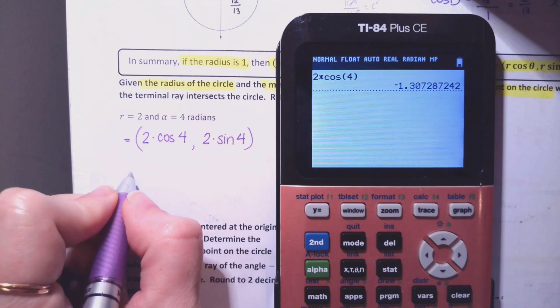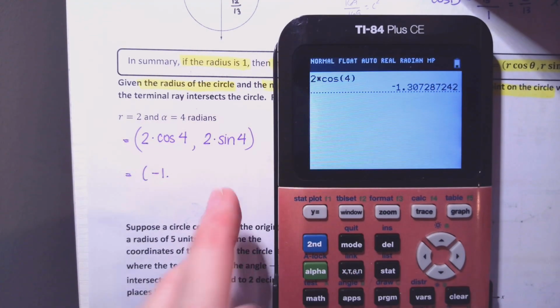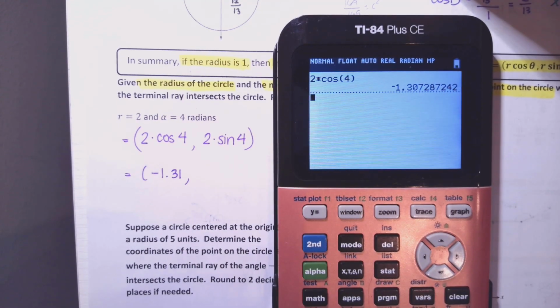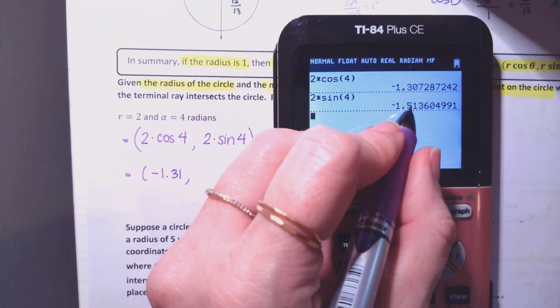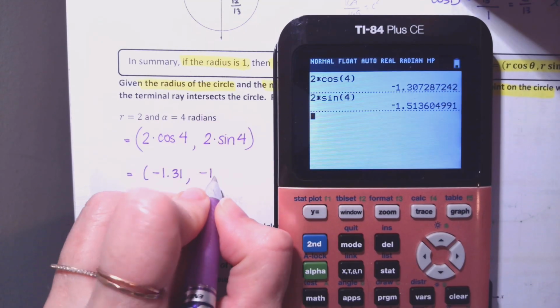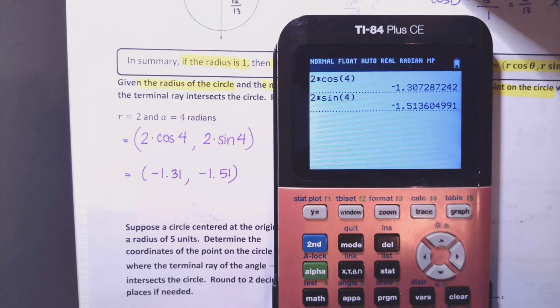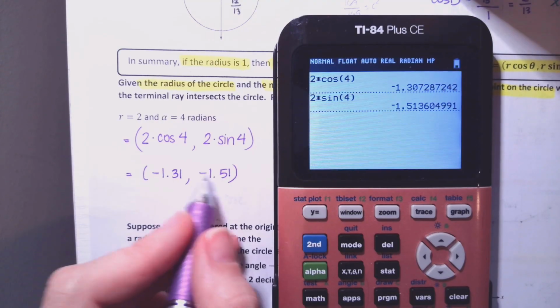So the first number would be negative 1 point, what did I say to round to? 2 decimal places, negative 1.31. And then my second one, 2 times the sine of 4 radians, would be negative 1.51. And that would be the ordered pair if you were to graph this angle on a coordinate plane. It would go through the point negative 1.3-ish, negative 1.5-ish.